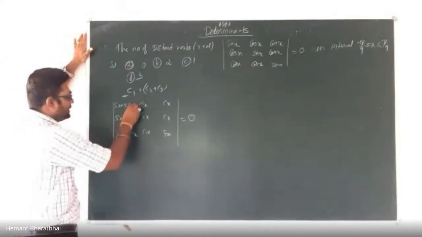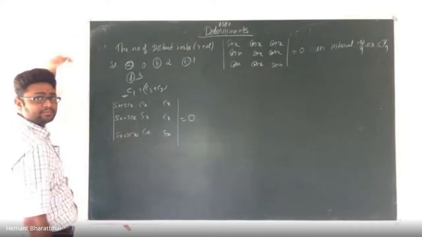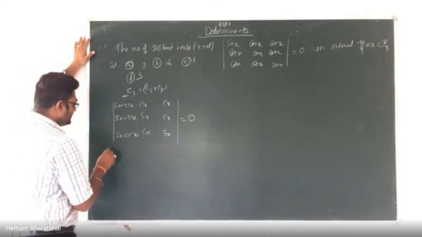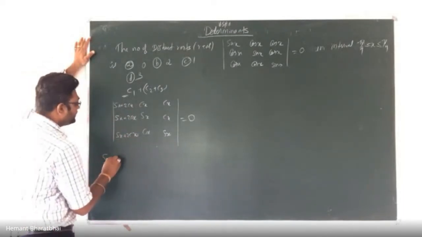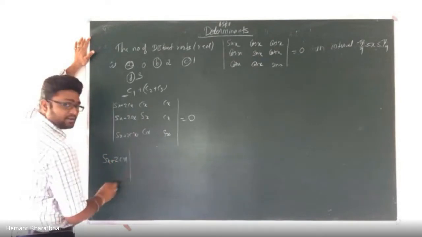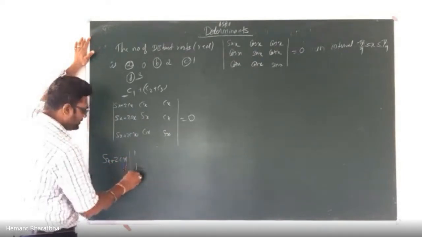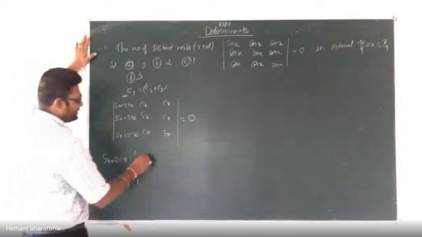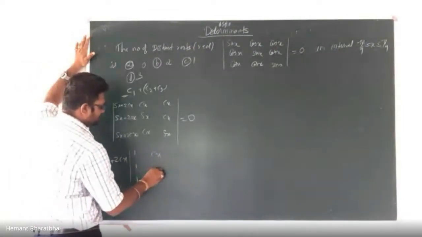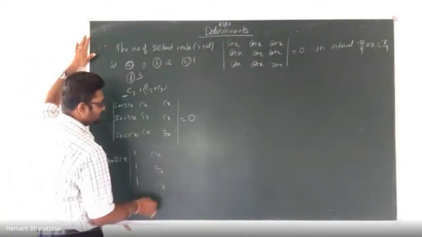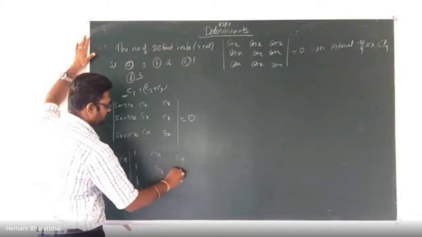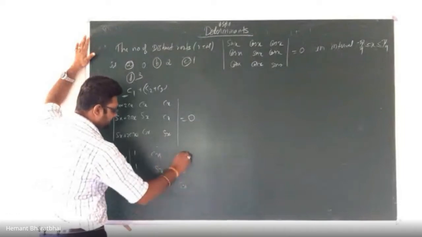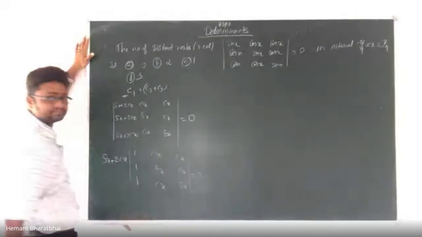Now this factor is common to the whole column, so I can take sin x plus 2 cos x common. What will remain inside is 1, 1, 1 in the first column, and the other columns remain cos x, sin x, cos x and cos x, cos x, sin x, equal to 0.